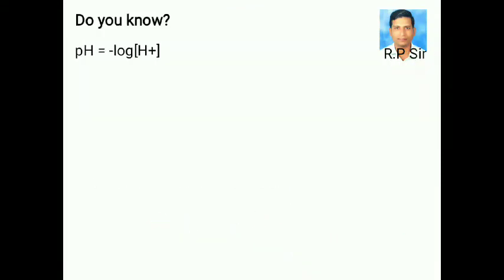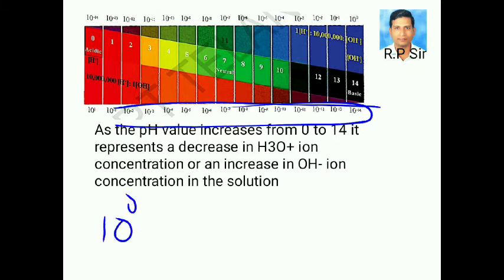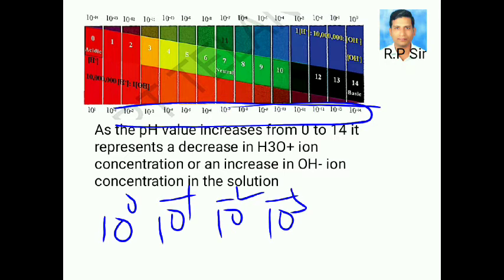Mathematically, pH is equal to minus log H plus ion concentration. Just observe the figure. The concentration of hydrogen ions, you can see 10 power 0, 10 power minus 1, 10 power minus 2, 10 power minus 3, and so on.